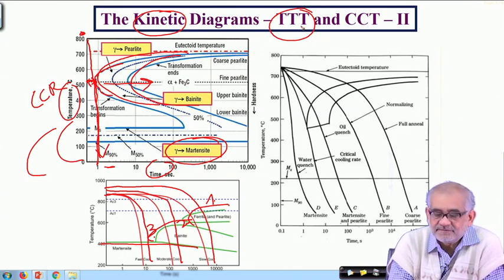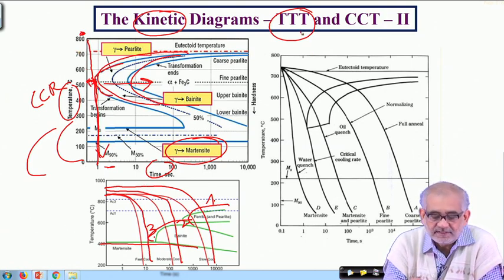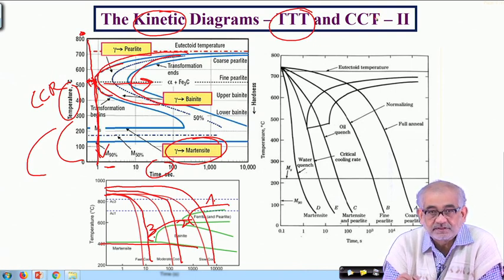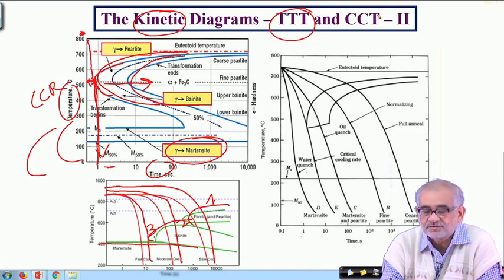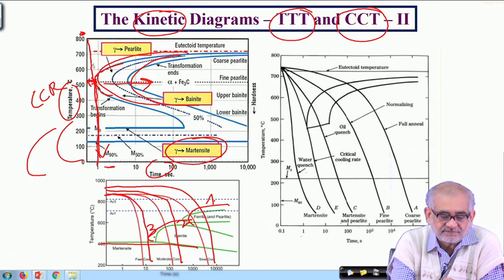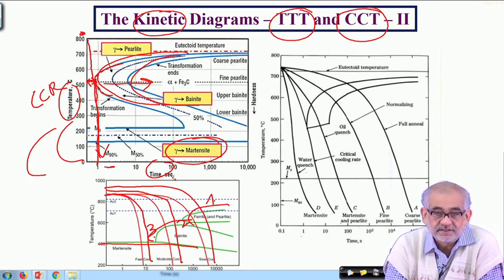But instead of time temperature transformation, if we want to refer to continuous cooling, then we have a slight variation of these diagrams. Through some kinetic analysis, we can actually transform this TTT into a continuous cooling transformation diagram, and then we can apply continuous cooling curves and predict what kind of microstructure we are going to get.